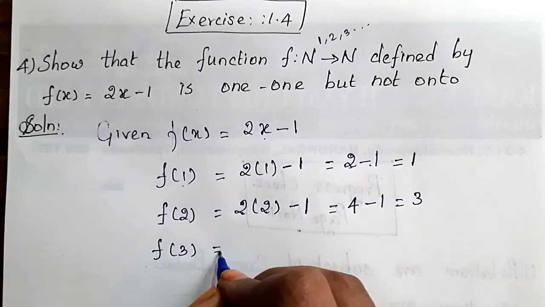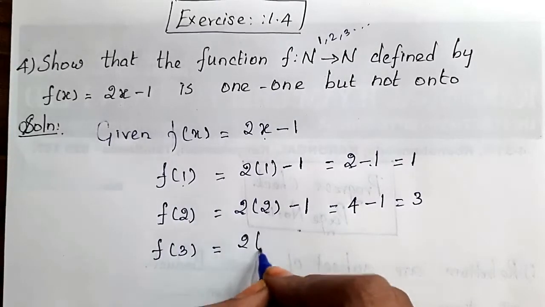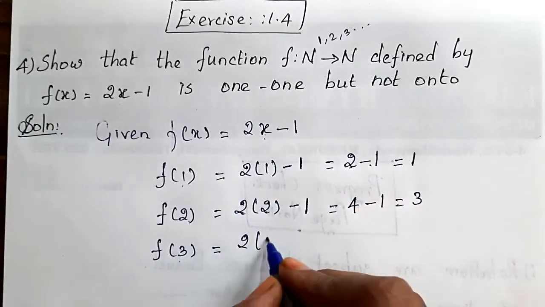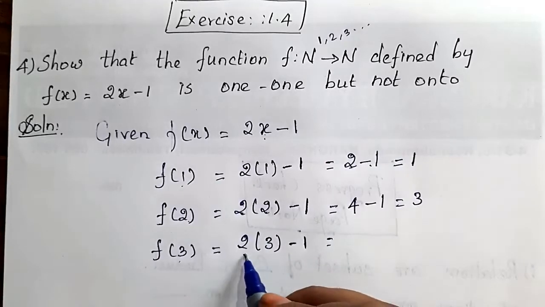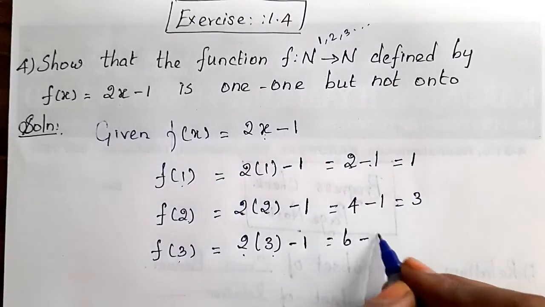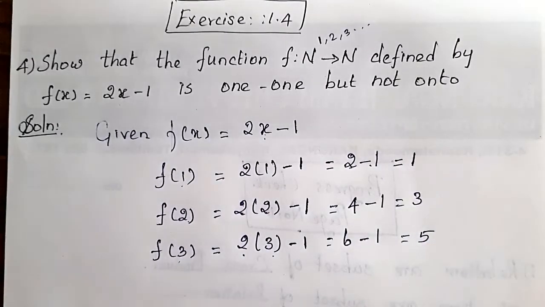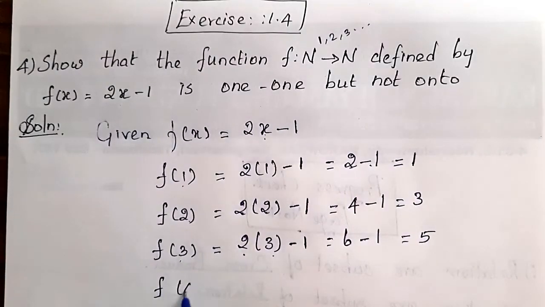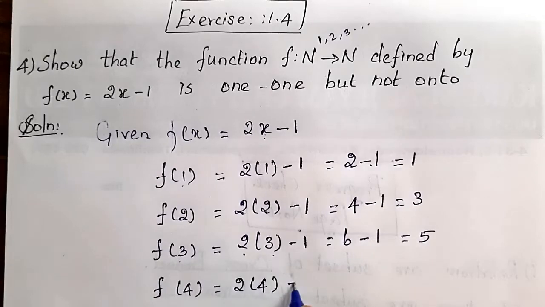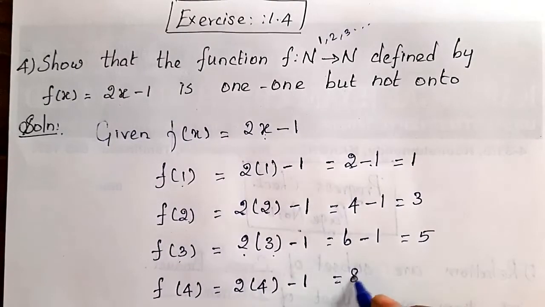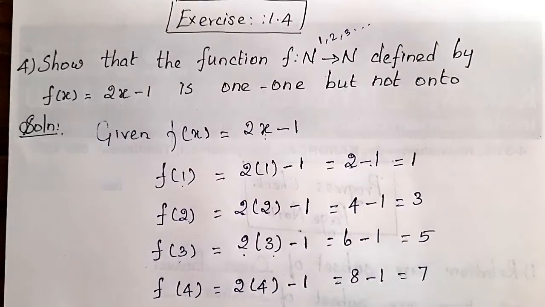Then we can find out f of 3. So f of 3 equal to 2 into 3 minus 1, that is equal to 2 threes are 6 minus 1, that is equal to 5. Next we can find out f of 4. So 2 into 4 minus 1, that is equal to 2 fours are 8 minus 1 is 7.